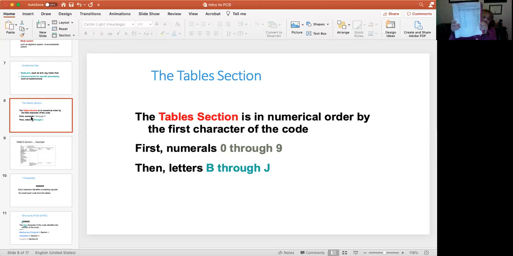The table section is in order. It starts with numbers 0, 1, 2, 3, 4, 5, 6, 7, 8, 9. And then the letter B through J. Now you may say to me, Dr. Safian, I remember you said we don't use the letter O and we don't use the letter I, but you didn't say anything about not using the letter A. And you are correct, I did not, but still they decided to skip it.